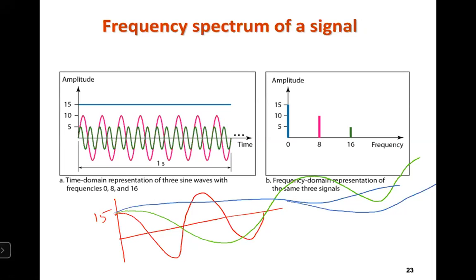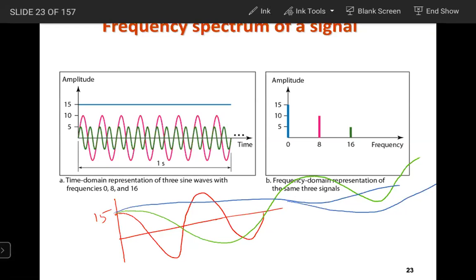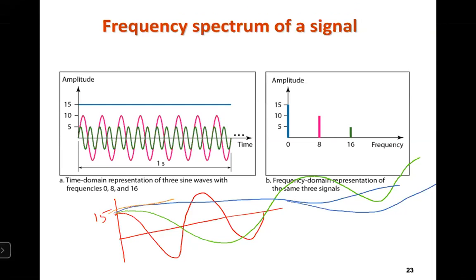Still the blue signal has a very low frequency, but its amplitude is 15. Now let us say the same thing I will draw with another color, this orange color. Actually it is completely straight. It is not decreasing.